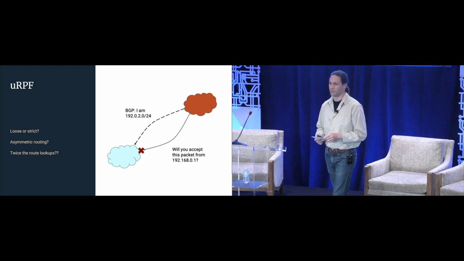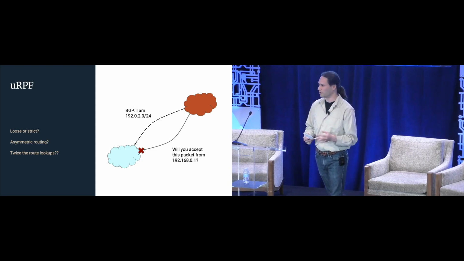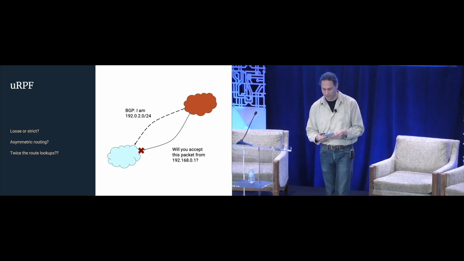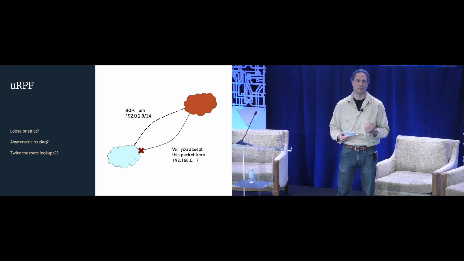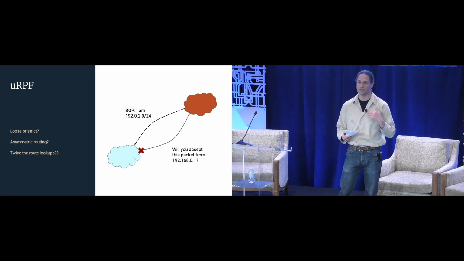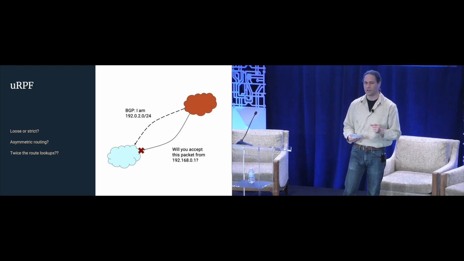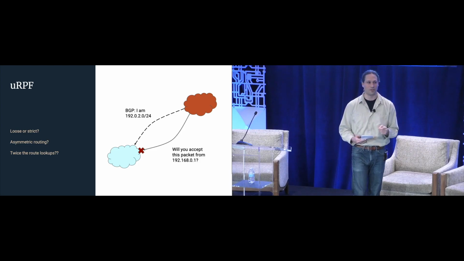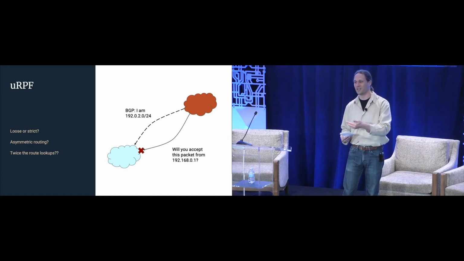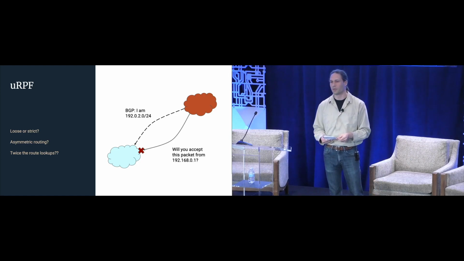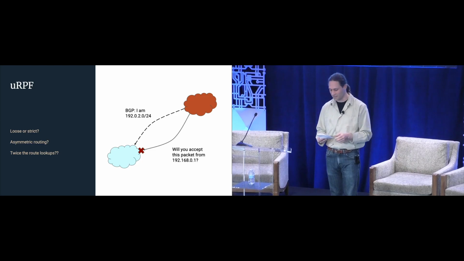Well, this has some problems, which most people here are aware of, but just for those who aren't, there are issues with asymmetric routing. Maybe somebody wants to send you traffic over one link, but receive it over a different link for their traffic engineering purposes. Also, this requires you to do twice as many route lookups, right? For every packet you're receiving, you also have to look to see where it came from. And so there are performance implications on the routers, and that makes this not very feasible.